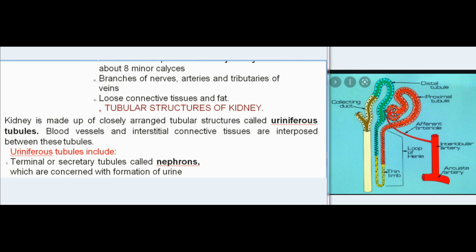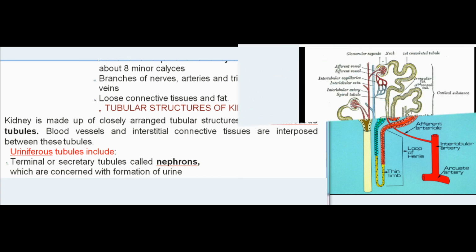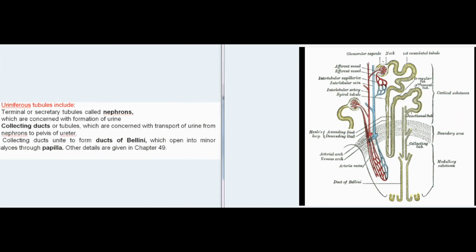Blood vessels and interstitial connective tissues are interposed between these tubules. Uriniferous tubules include terminal or secretory tubules called nephrons, which are concerned with formation of urine, and collecting ducts, or tubules, which are concerned with transport of urine from nephrons to pelvis of ureter. Collecting ducts unite to form ducts of Bellini, which open into minor calyces through papilla. Other details are given in Chapter 49.